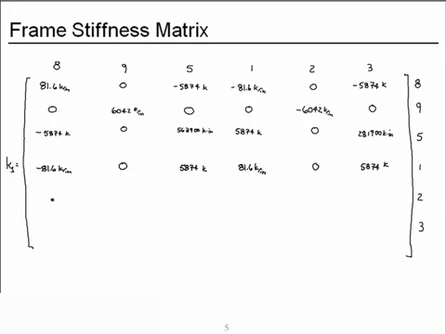And then for the fifth row, we'll have 0, minus 6042 kips per inch, 0, 0, a positive 6042 kips per inch, and 0.